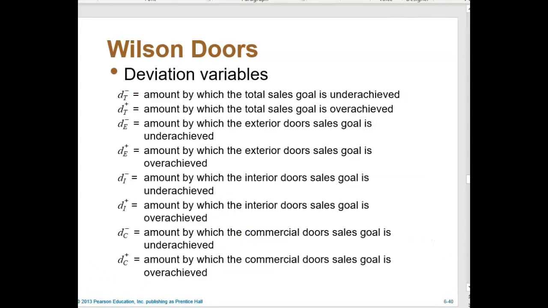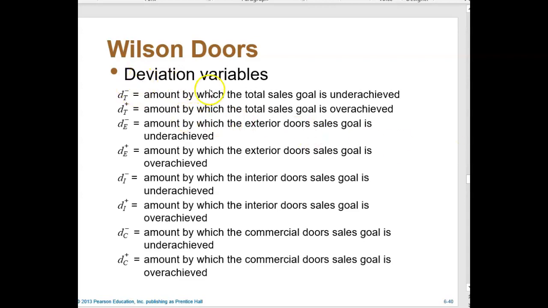So let's start our model formulation for the GP problem. In order to formulate this problem as a GP problem, we must first define 2 deviation variables for each of the 4 goals that were given in the previous slide.